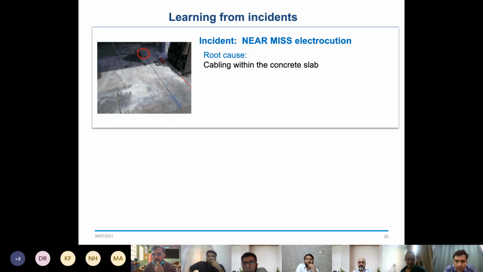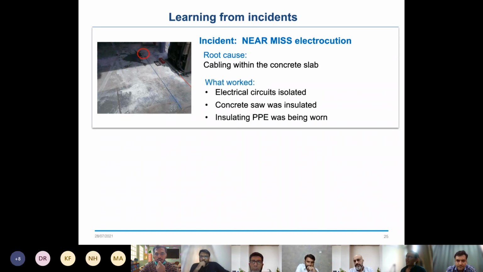Maybe some kind of insulation on the slab. You're almost there. Maybe the equipment is fully insulated. Yeah, or probably shoes. All right, without delay, let's discuss what worked during this near miss incident.